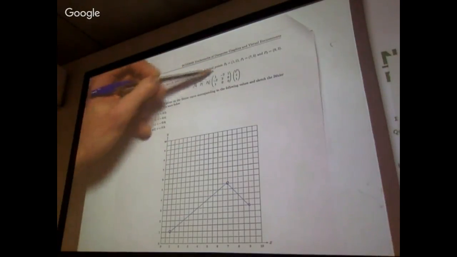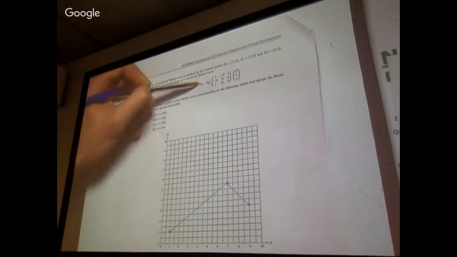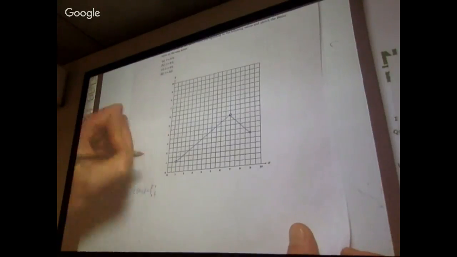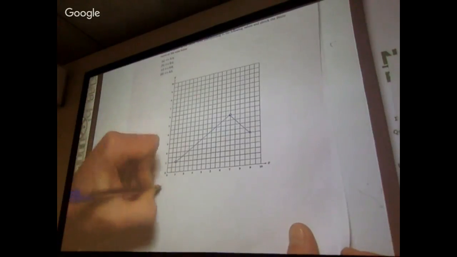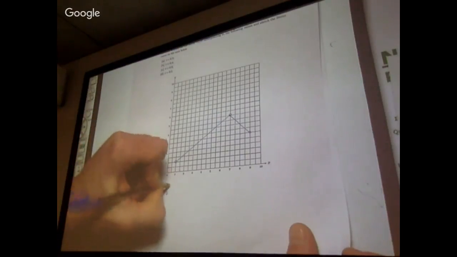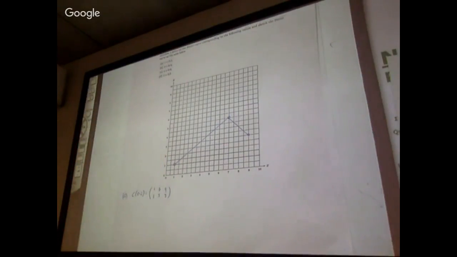So P0 is going to be 1, 1, P1 is going to be 7, 5, and P2 is going to be 9, 3. So that's my control points.